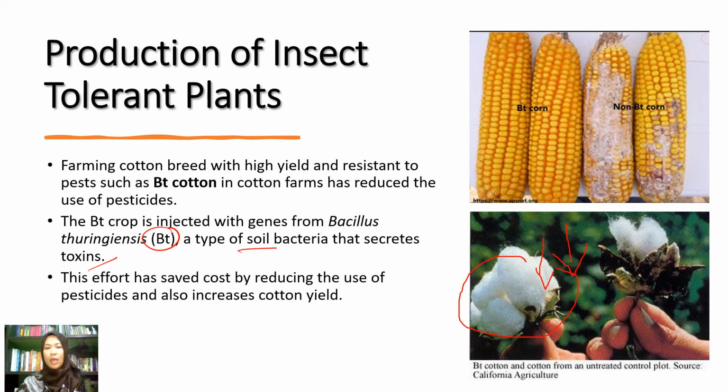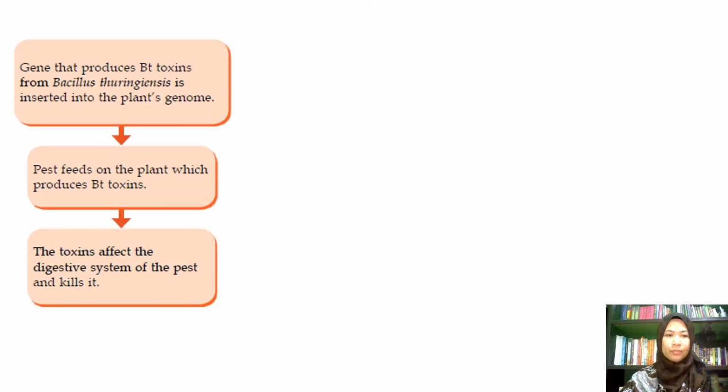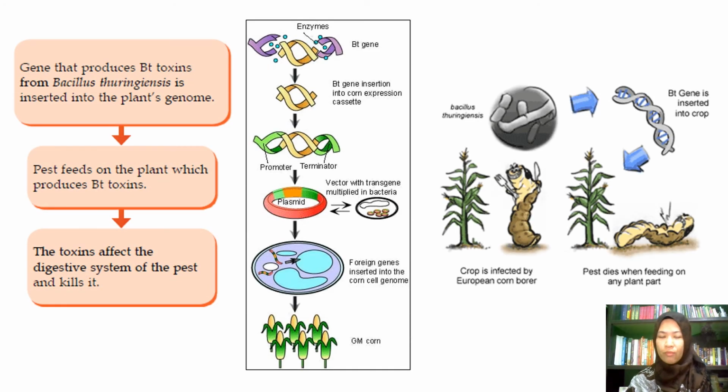So this effort has saved costs by reducing the use of pesticide. At the same time, this will increase the cotton yield. The yield also increases. Besides that, Bt crops are corn and brinjal. I explained corn earlier, the same concept, and brinjal, you know, eggplant and so on.